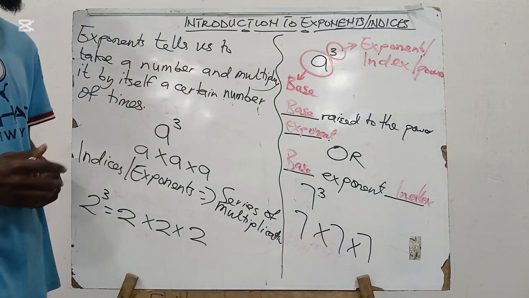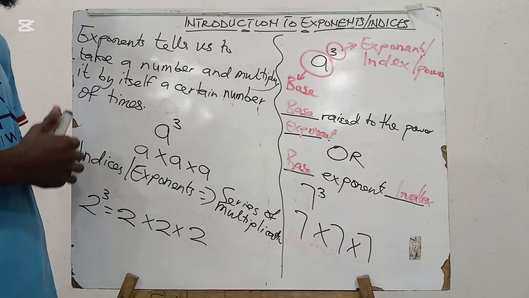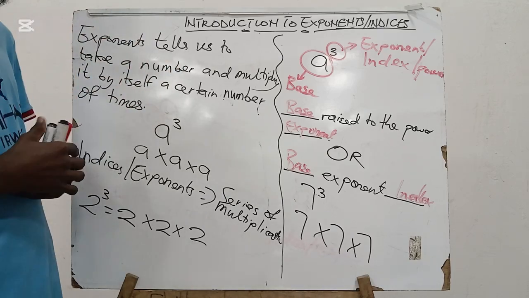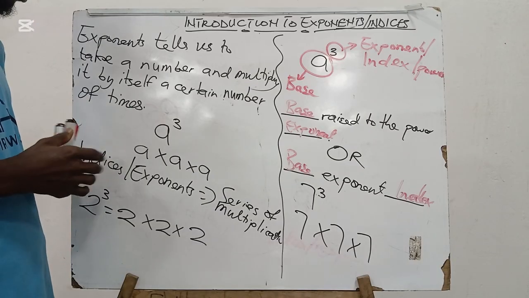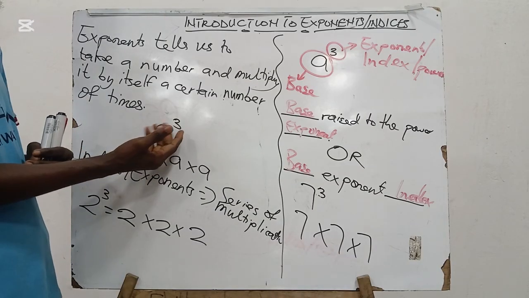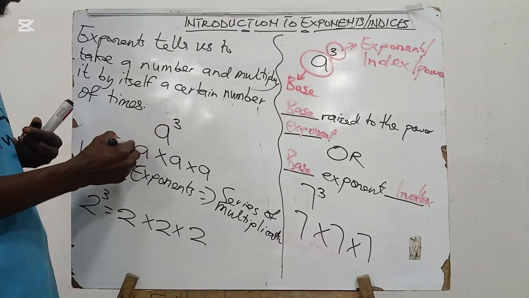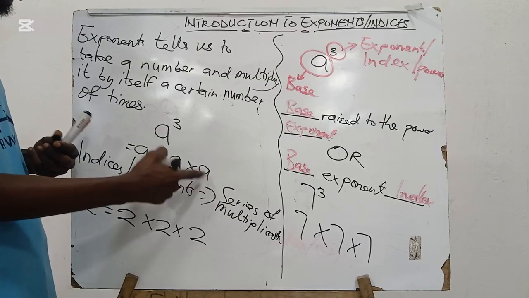So this is basically the introduction to exponents or indices. Remember, exponents tell us to take a number and multiply it by itself a certain number of times. So you have something like a exponent 3, meaning a times a times a. Are you getting it?